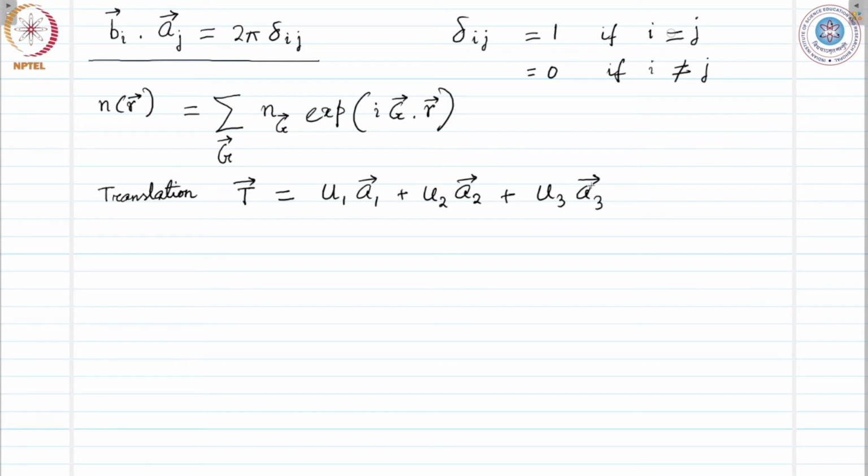If we consider this kind of a translation, then subject to this translation, our function n(r) must remain invariant. That means n(r plus T) must be equal to n(r). Now let's see what this quantity is according to this definition of the translation vector.